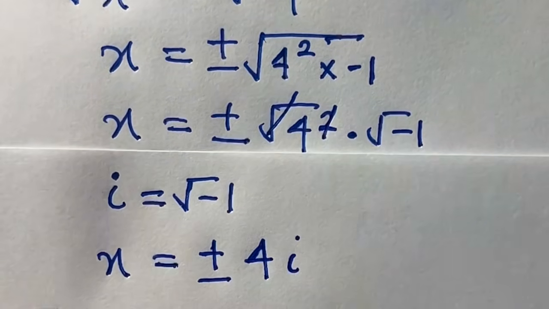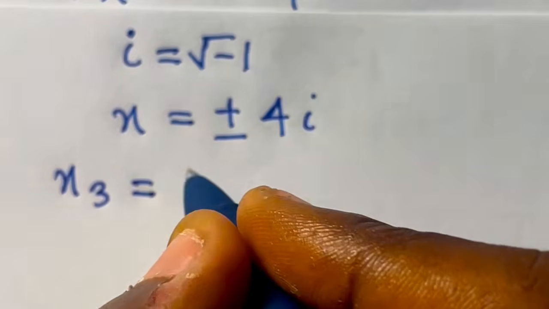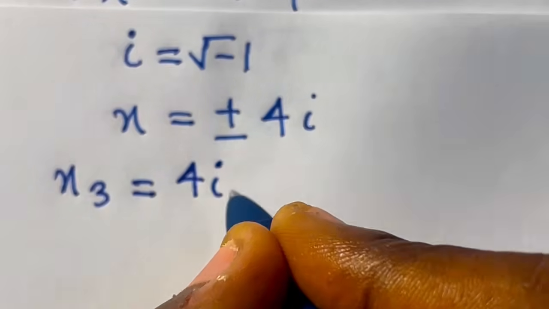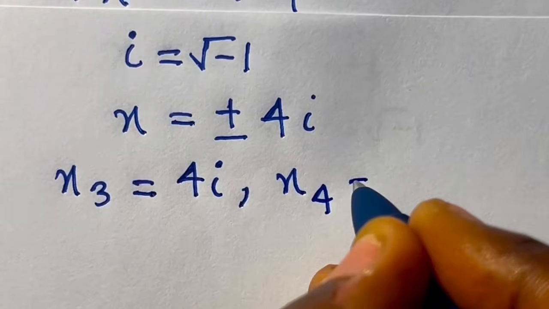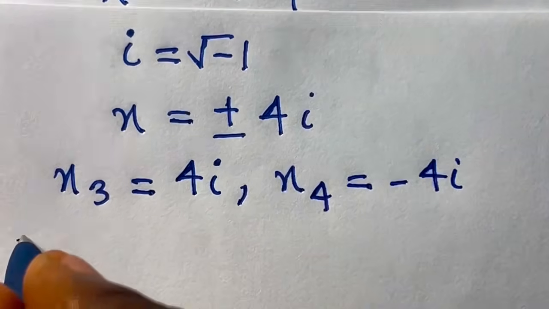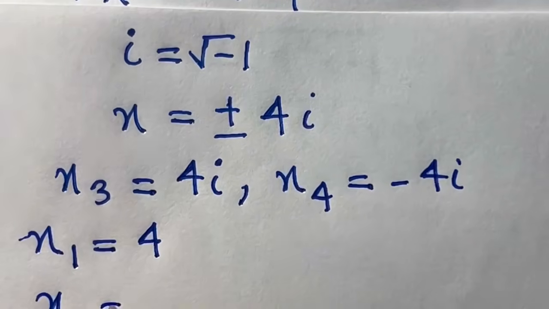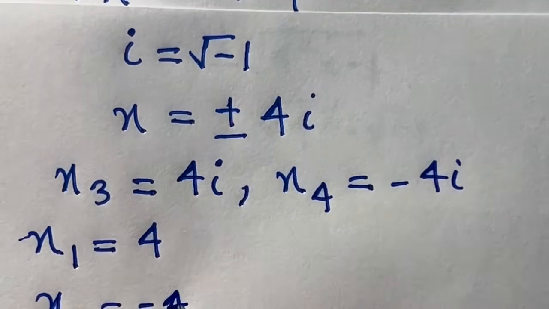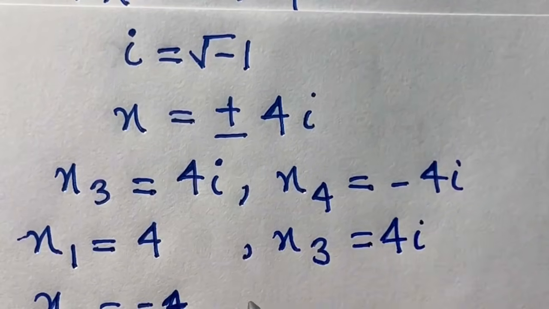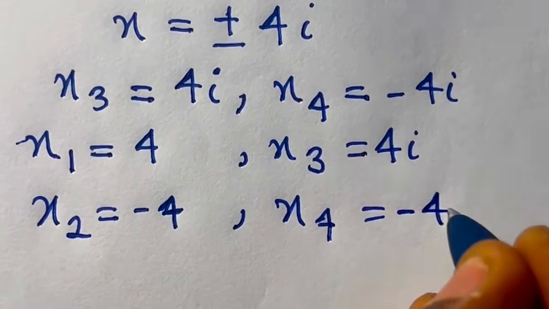So here we have our x3 equal to 4i, and our x4 equal to minus 4i. Collecting all solutions together, we have x1 equals 4 and x2 equals minus 4, and our x3 equals 4i and our x4 equals minus 4i.